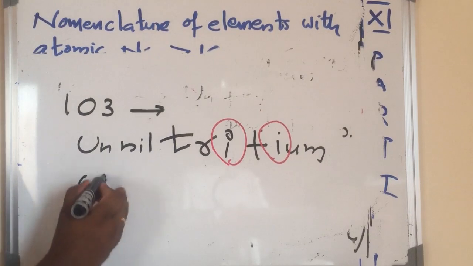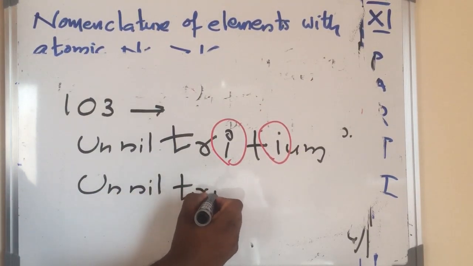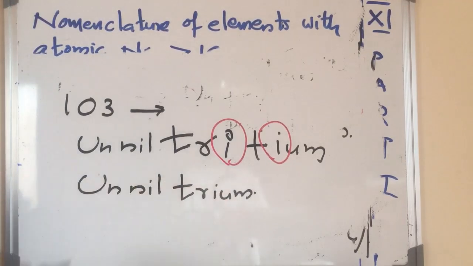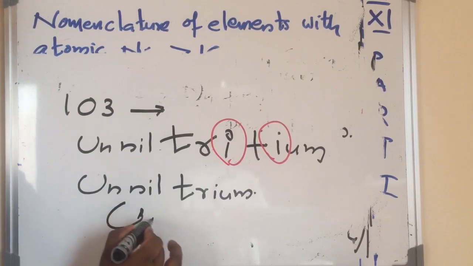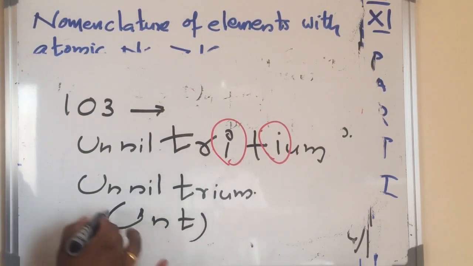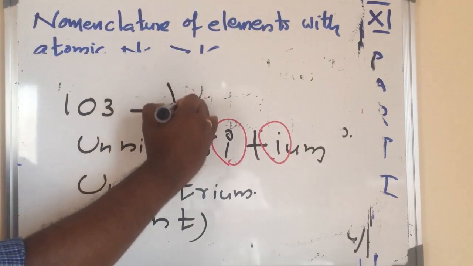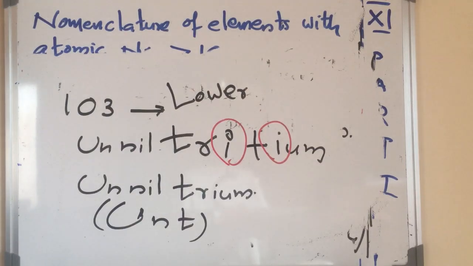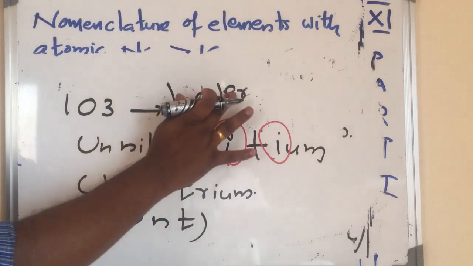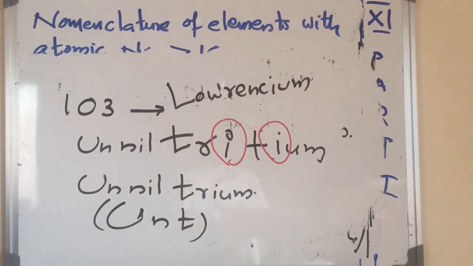Un-nil-trium, so here I wrote only one i. And the symbol is UNT. And this element is also called Lawrencium. Lawrence is the name of a scientist.